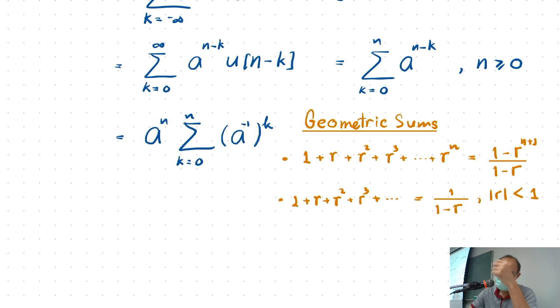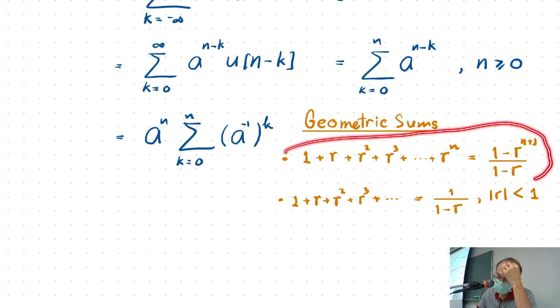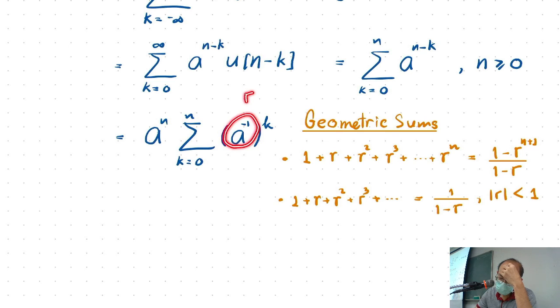Now, when we know this is just r to the zero, right? We are interested in this form of the sum, because we are adding a finite number of terms. Here this r is equal to a inverse, right?